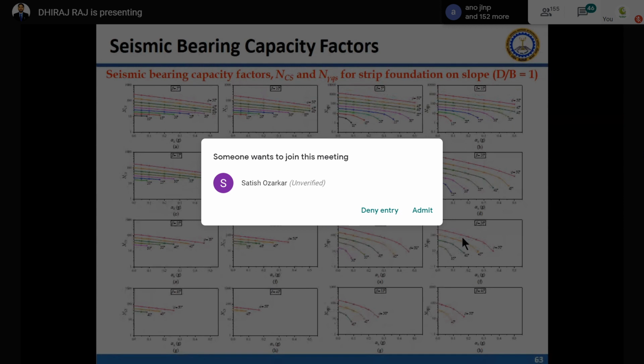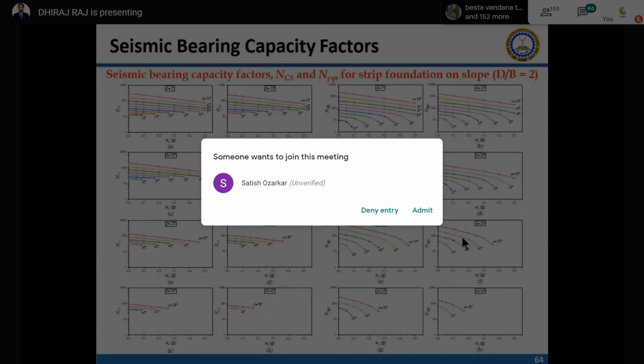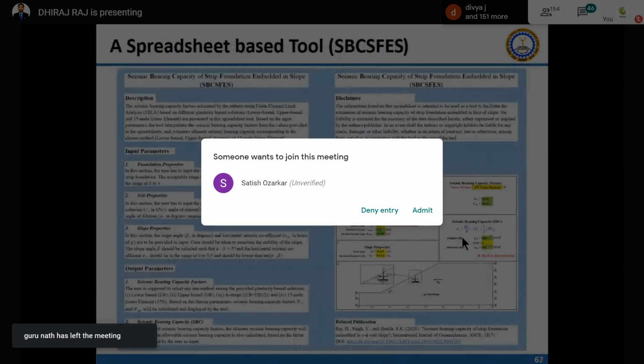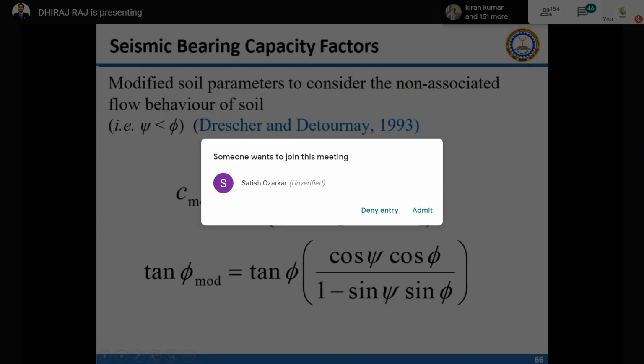These charts are actually in log axis, so reading this chart is quite complicated, although I have developed it. So for that, I have developed one software also, which you can get here. This software is spreadsheet based, and there you don't need to go for these complicated charts.